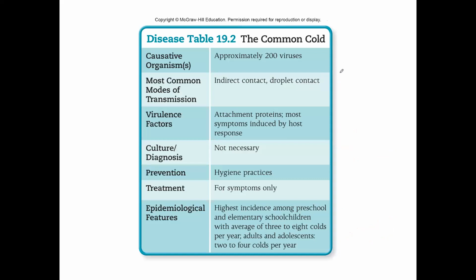Causative organisms, lots of different viruses. Okay. So airborne. Okay. Or fomites. Common vehicle, indirect contact. What are the virulence factors? What are the weapons? Well, the ability to attach, right?